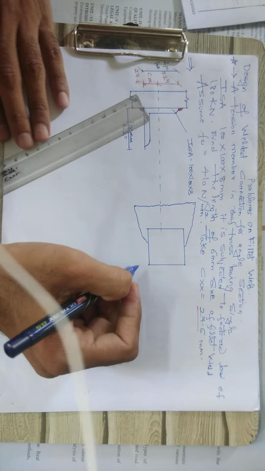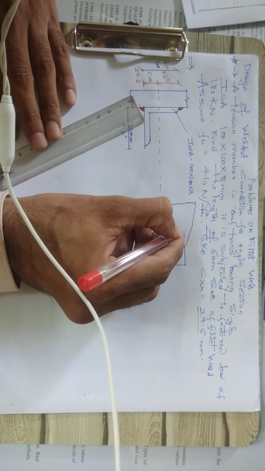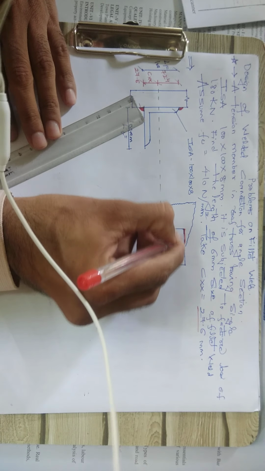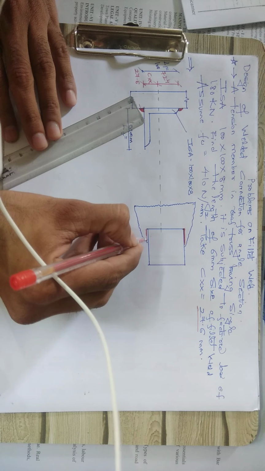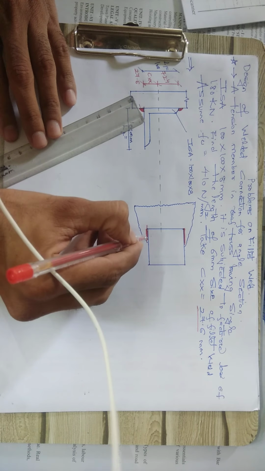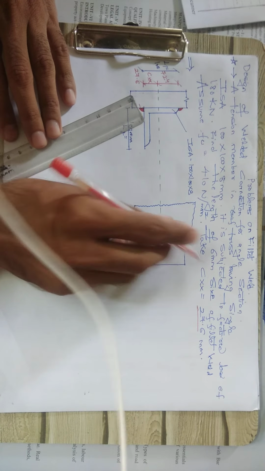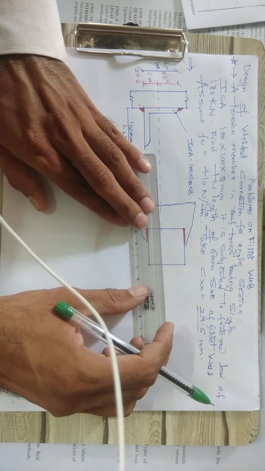This portion is the welding which will be done, here and here. This is the 100 by 100 angle section, and this part is the gusset plate.